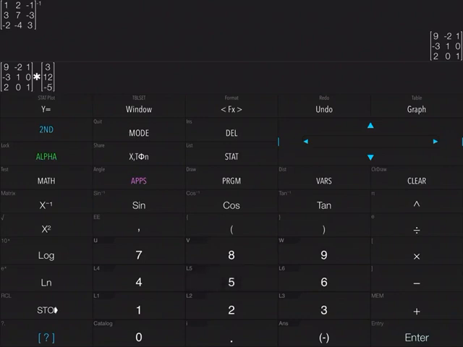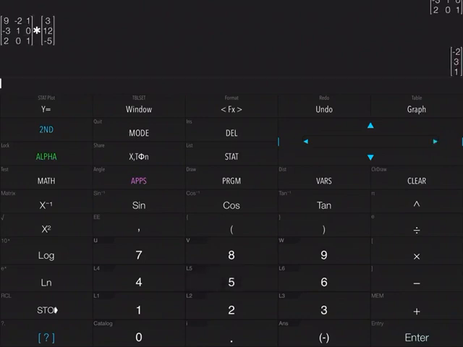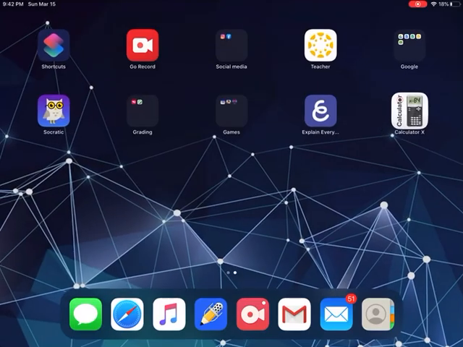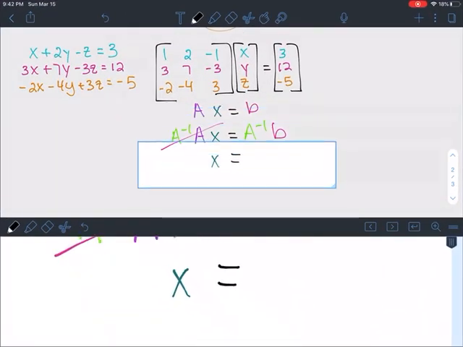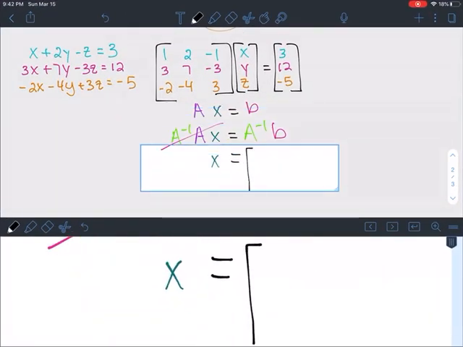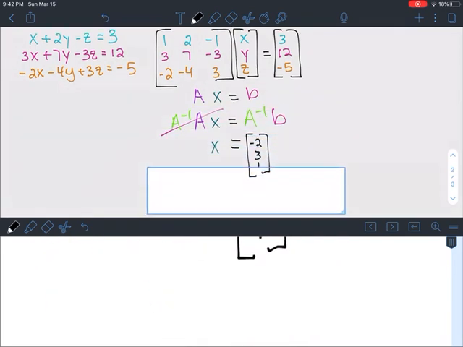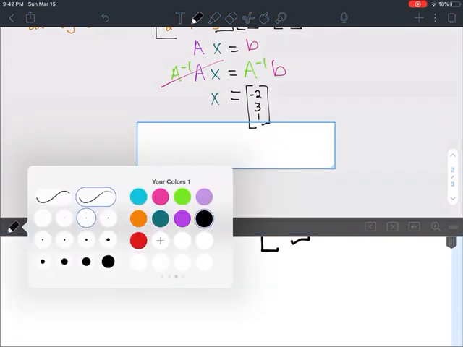Oops, not positive 5, negative 5. And then we click enter. So we get this nice pretty thing that looks like negative 2, 3, and 1. So what is that really telling me?